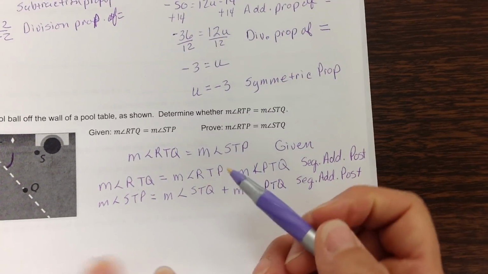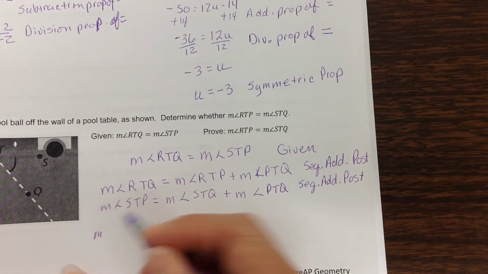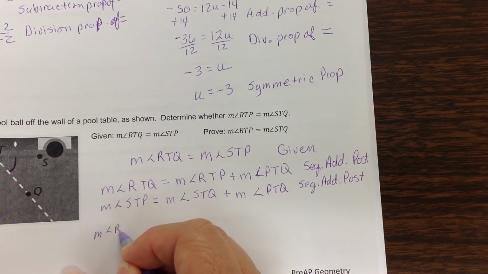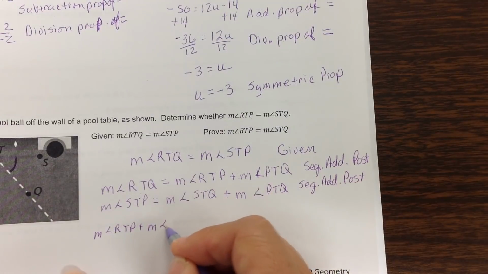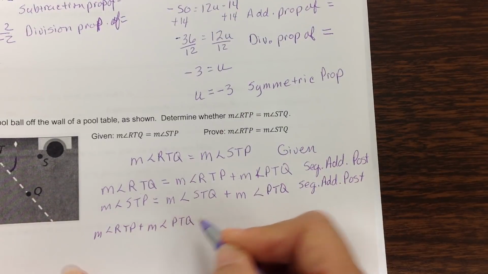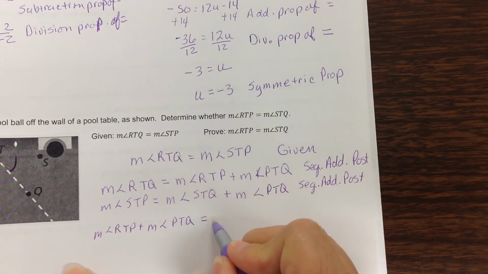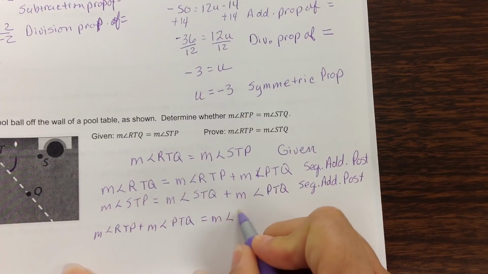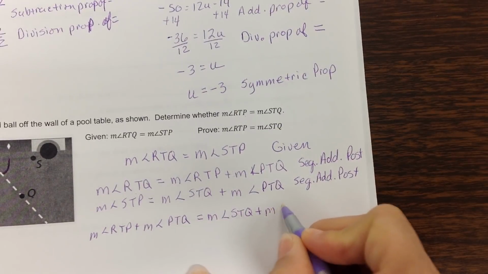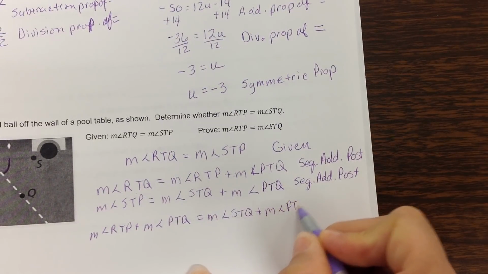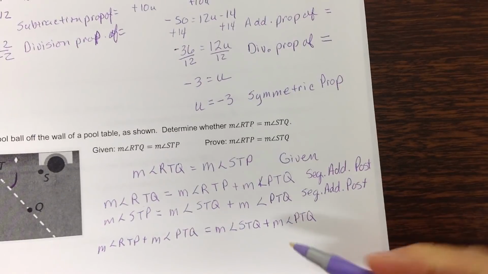Now, because we knew these two were equal, what I can do is make these two equations equal. So I can say the measure of angle RTP plus the measure of angle PTQ is equal to the measure of angle STQ plus the measure of angle PTQ. Now, how did I do that?